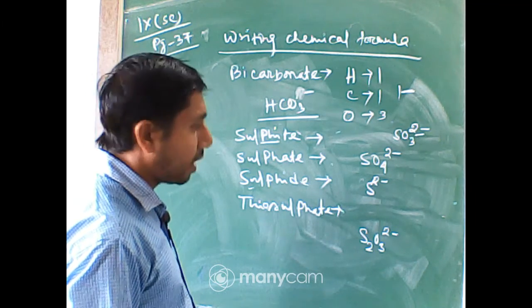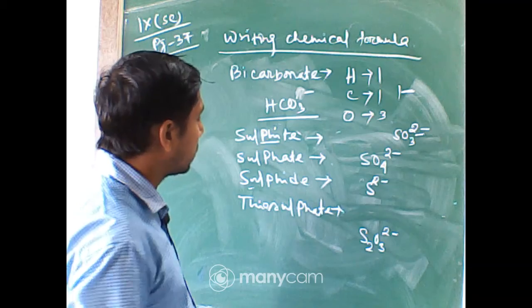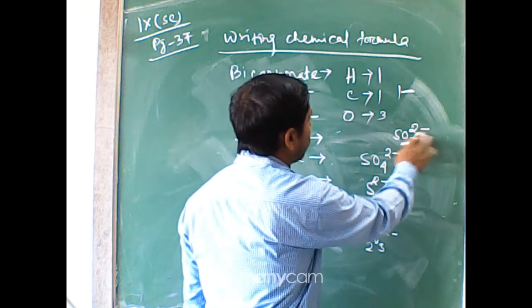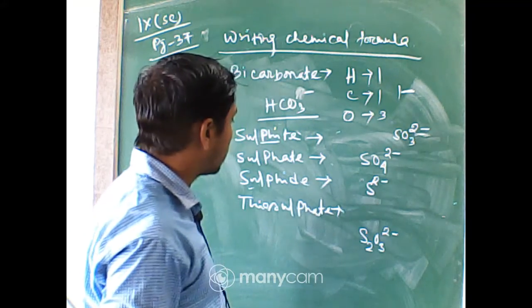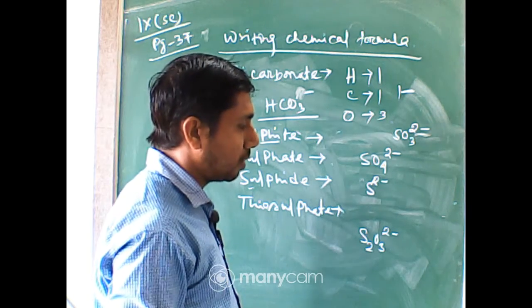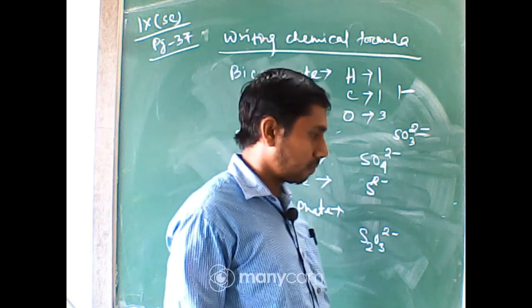So, sulfite is SO3 2 minus, sulfate is SO4 2 minus, sulfide is S2 minus, and thiosulfate is S2O3 2 minus.